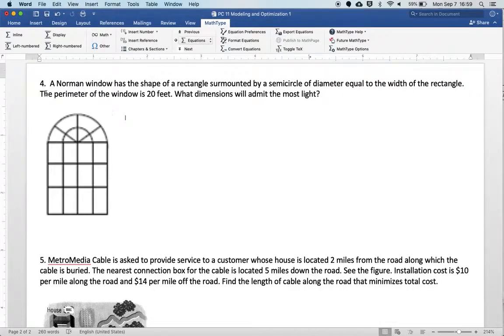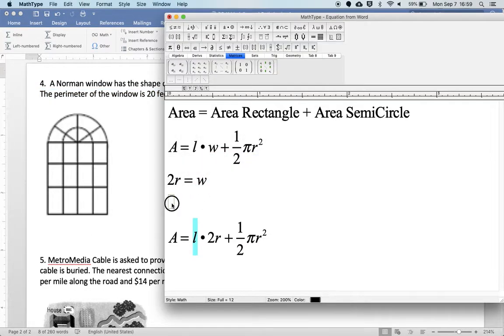Going back to the statement, we know the perimeter of the window is 20 feet. That is the distance all the way around the outside. So 20 feet equals the width across the bottom, w, plus the length up the side on the left and the length up the side on the right, so plus 2l, plus half of the circumference of a circle, the outer arc length on our semicircle.